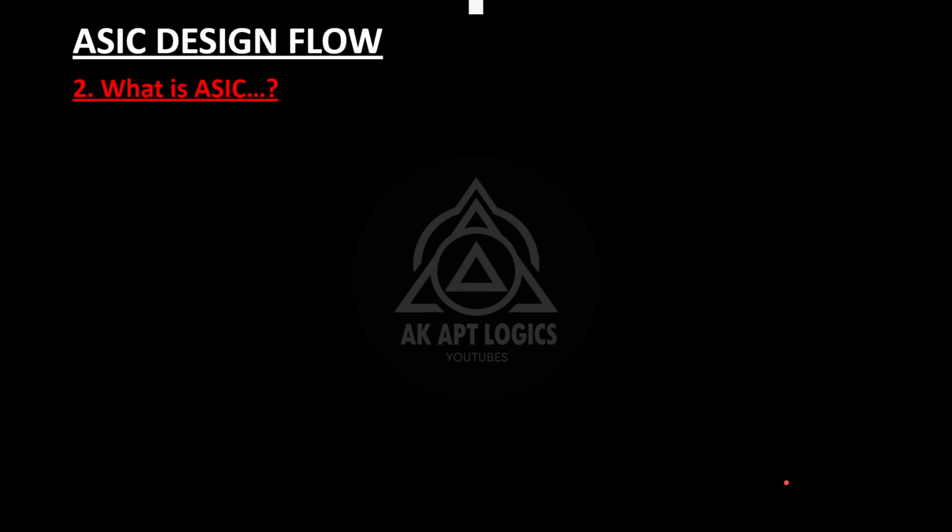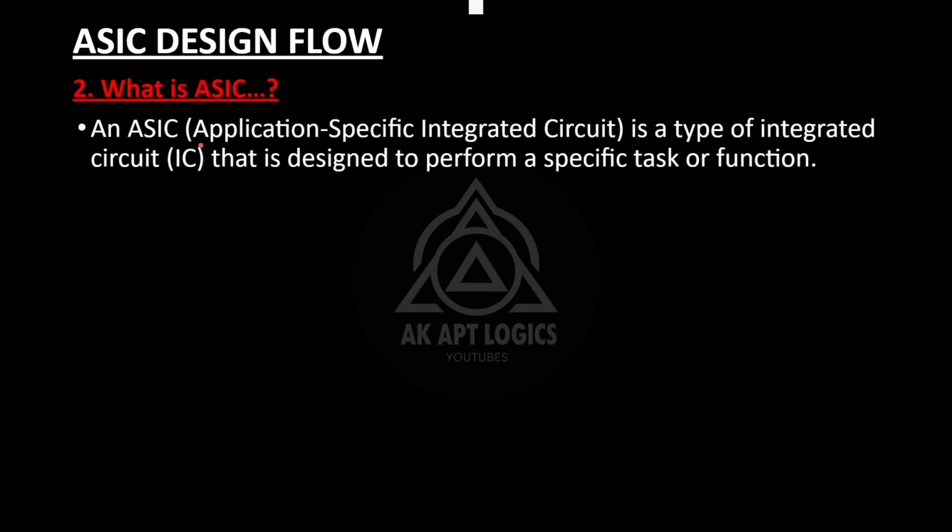So the next thing is, what is ASIC? ASIC is an application specific integrated circuit. Note this point: ASIC is nothing but application specific. It means that integrated chip is specified to one application. For example, in the laboratory, if you have the 74138 multiplexer chip, that chip always does the multiplexer operation.